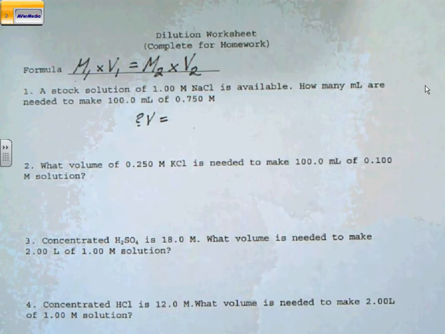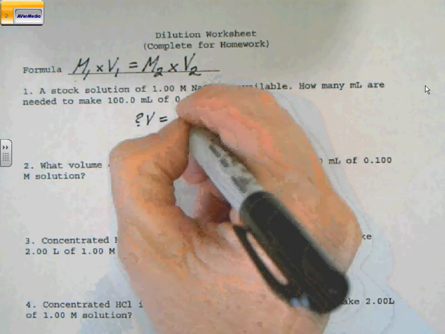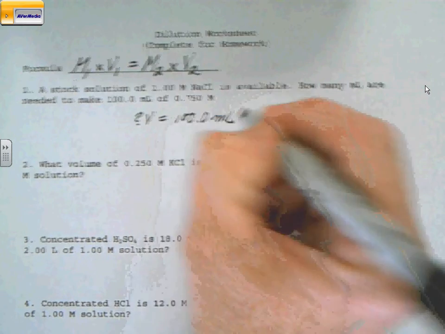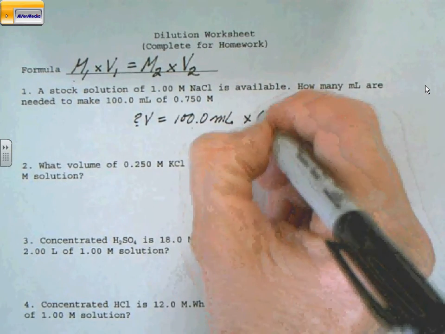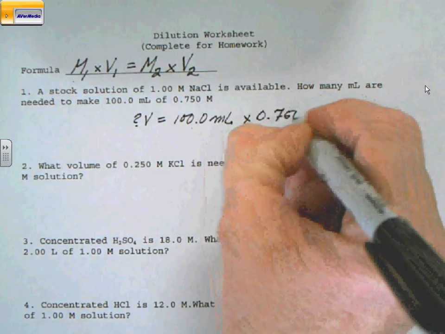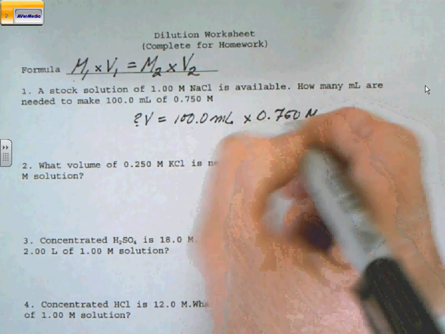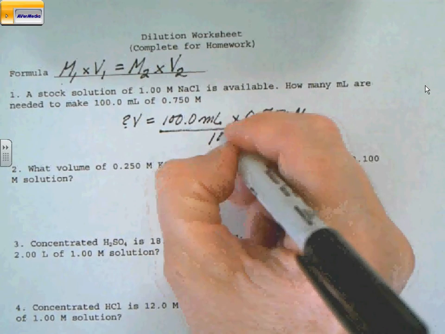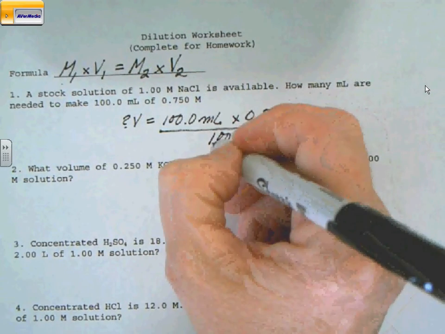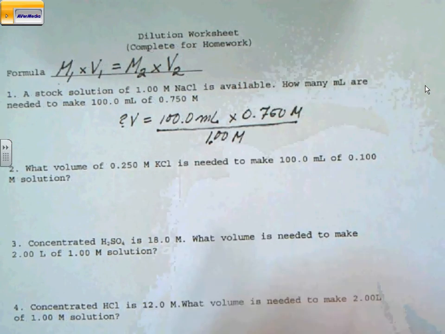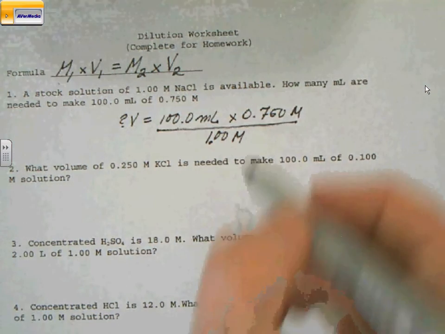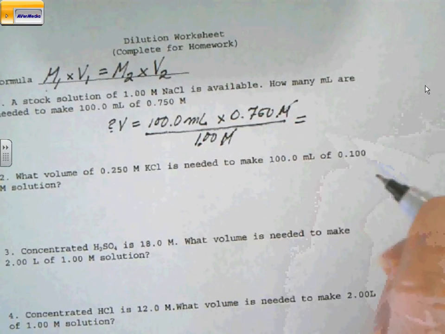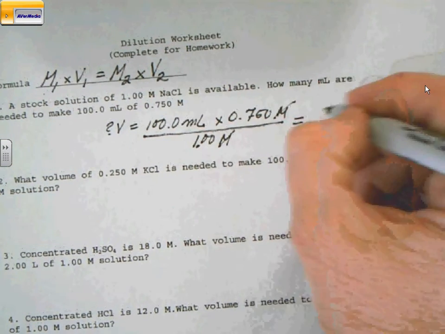You will place 100 milliliters times the desired concentration over the concentration that you have. Oops, that's 1.0. And so there you can cancel your molarity units. You do a little bit of calculating and you come out with 75 milliliters.